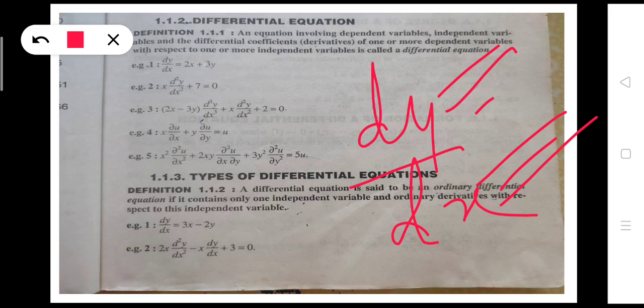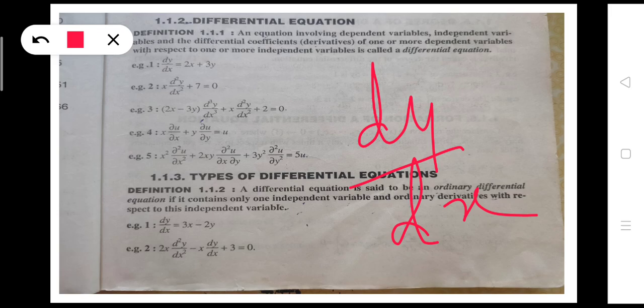Once again, the definition: an equation involving dependent variables, independent variables, and the differential coefficients of one or more dependent variables with respect to one or more independent variables is called a differential equation. Example 1, dy by dx is equal to 2x plus 3y, with only one dependent variable and one independent variable.